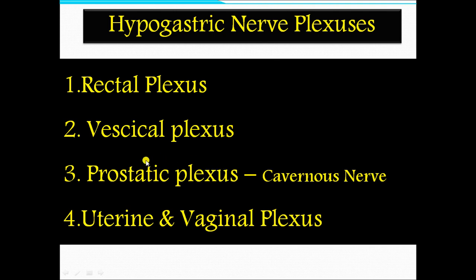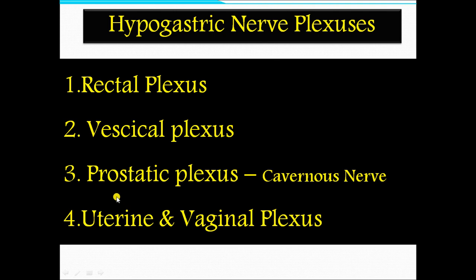Next is the prostatic plexus. It supplies the prostate gland and seminal vesicles, and it gives off a cavernous nerve. This cavernous nerve supplies the erectile tissue of the penis. Next is the uterine and vaginal plexus.